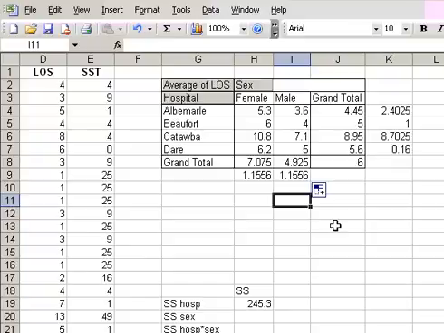Now the mean for females and the mean for males are both averaged across 10 people in 4 hospitals.